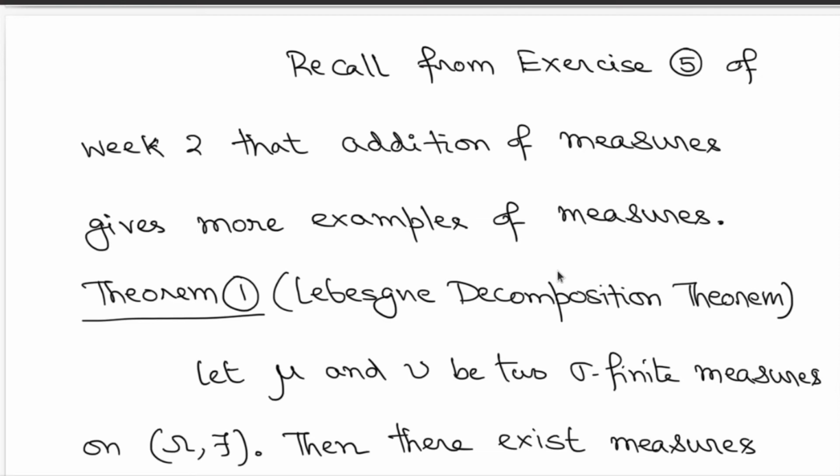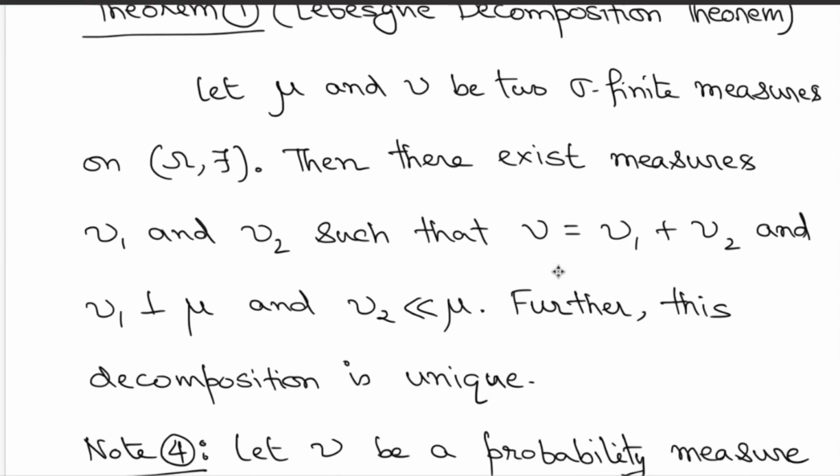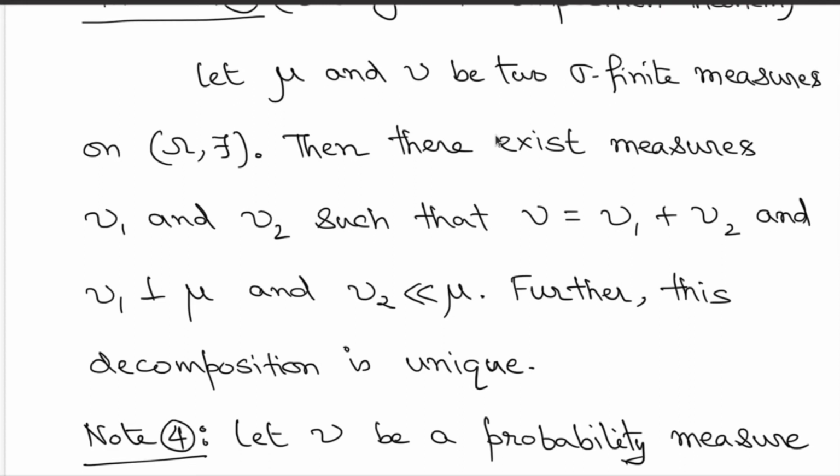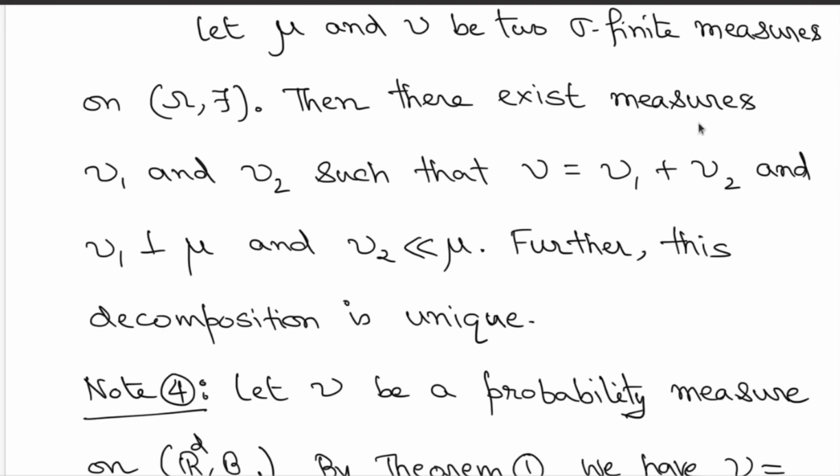Okay, so this theorem is known as the Lebesgue decomposition theorem. So take two measures mu and nu. Suppose they are sigma finite. Both of them are defined on the same measurable space and they are sigma finite. Now, given these two measures, you can find measures nu1 and nu2 such that nu, the second measure, has a decomposition nu1 plus nu2.